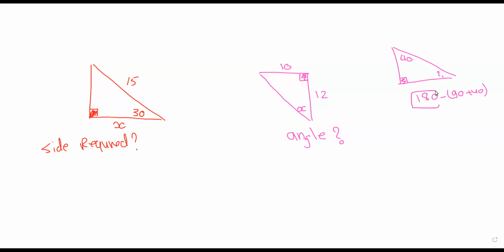I'm allowed to use 180, the sum of the interior angles of a triangle, if I have 2 angles given. But in this case, I don't have 2 angles given. I have 2 sides given. So how do I calculate an angle if I am given 2 sides? How do I calculate a side if I am given a side and another angle?